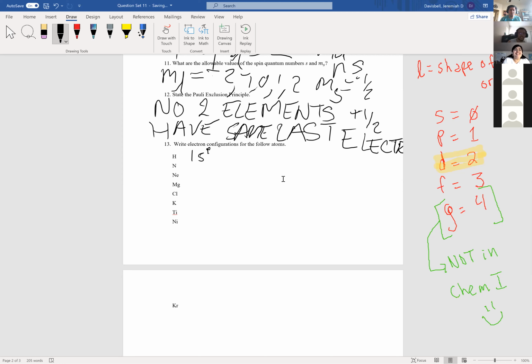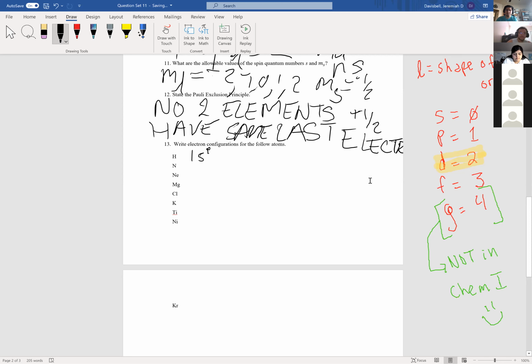So nitrogen, what would that one be? Where is it? What does it reach all the way to? What subshell? P. Okay, so we know it's p. And what row is it?